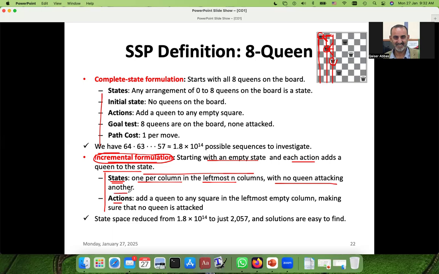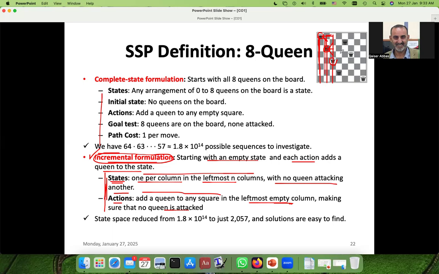And then action would be what? Action would be the same, adding a queen to any square in the leftmost empty column by making sure that no queen is attacked. So these are the states and actions in this incremental approach.